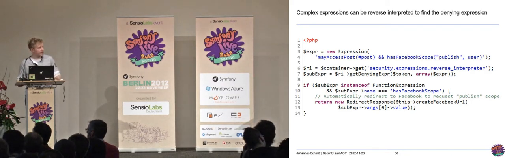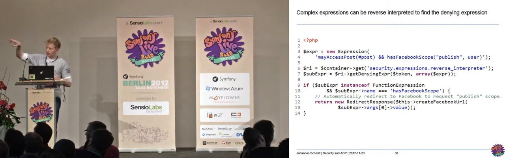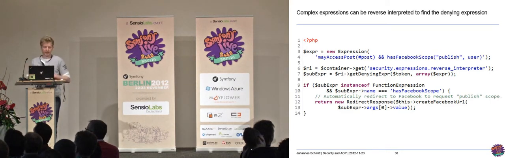What we basically would do here is we use the reverse interpreter, which we can pass the expression which has failed, and which would basically find out which part of the expression has failed. So it would first check whether the may access post expression has failed.